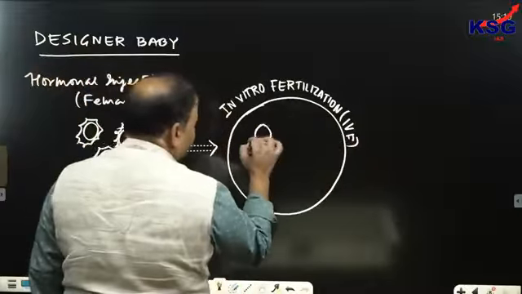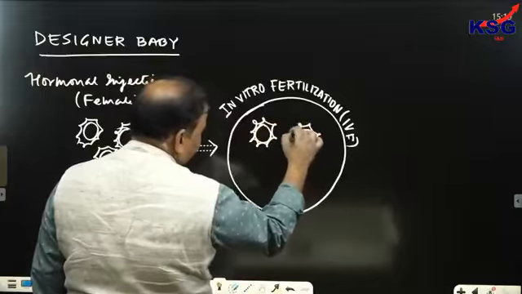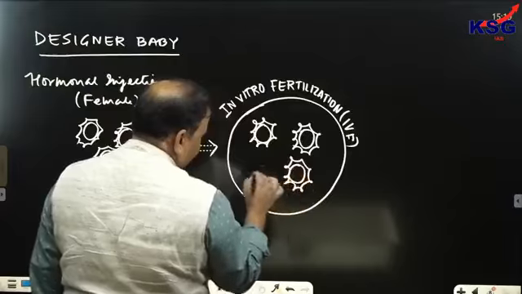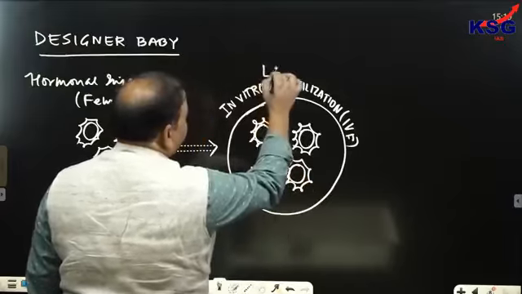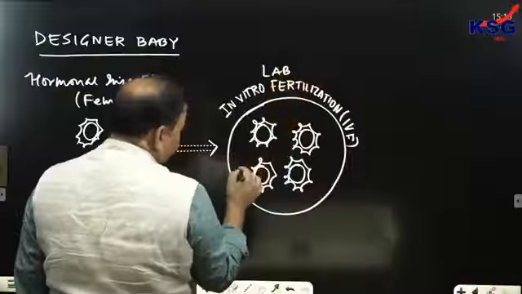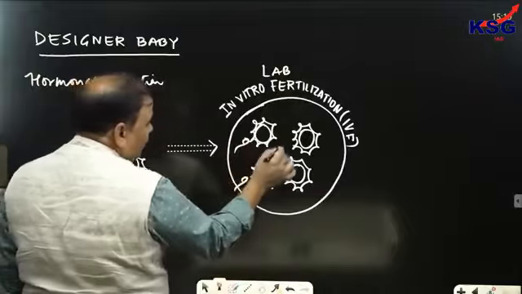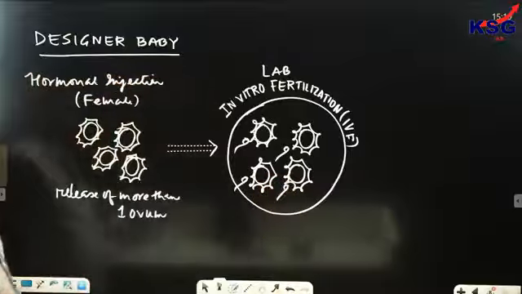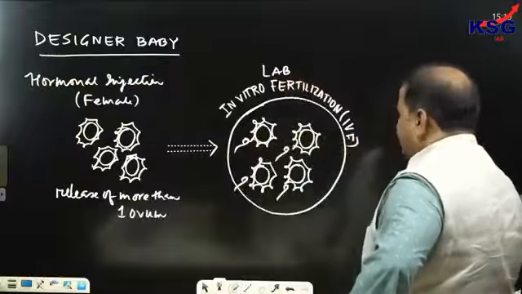So these 4 eggs have been fertilized in the lab by either the sperm of the father or a selected donor. Generally, the selected donor is the case.